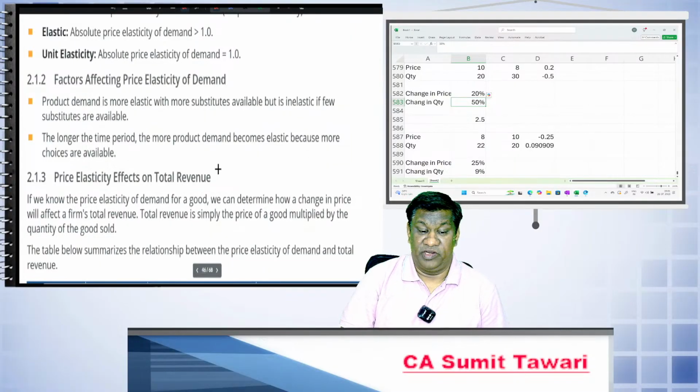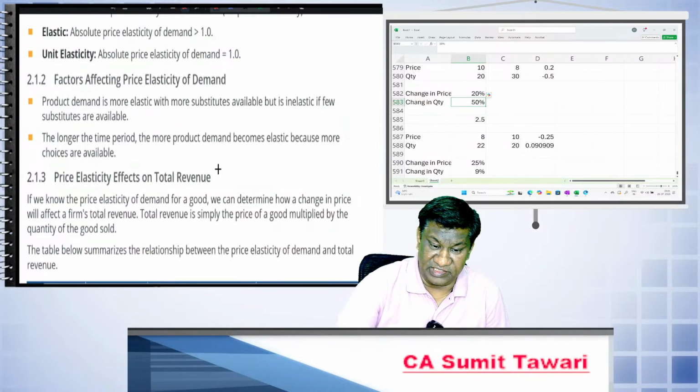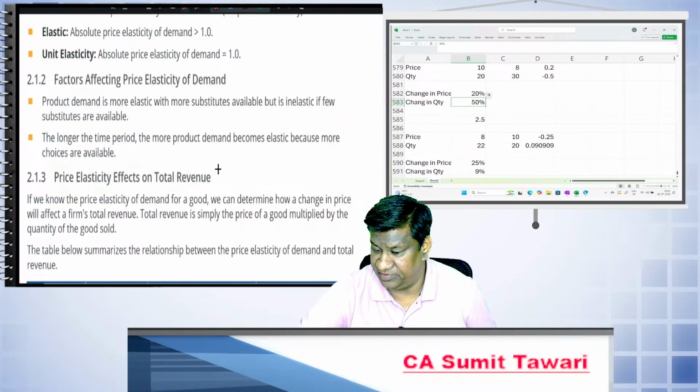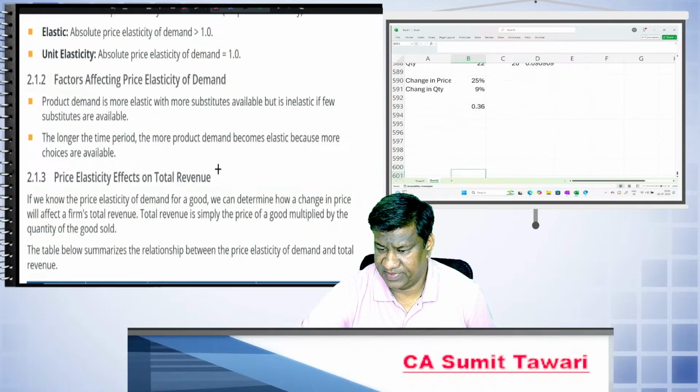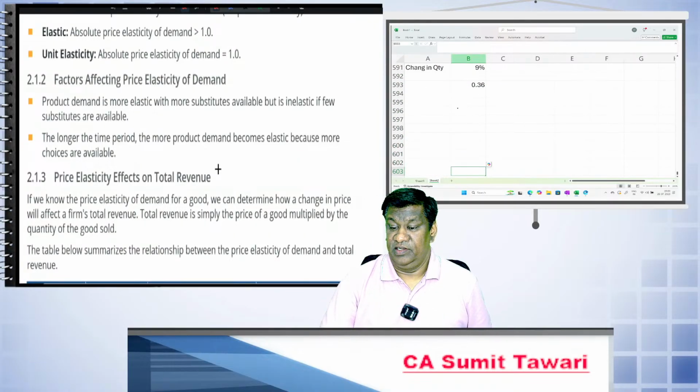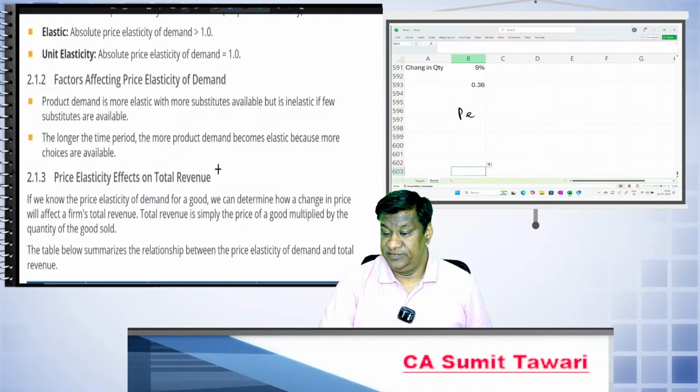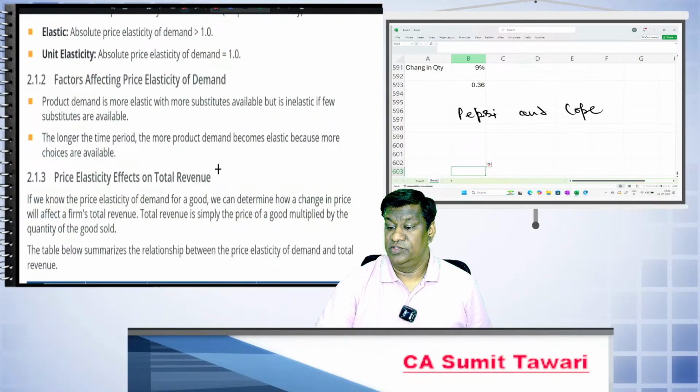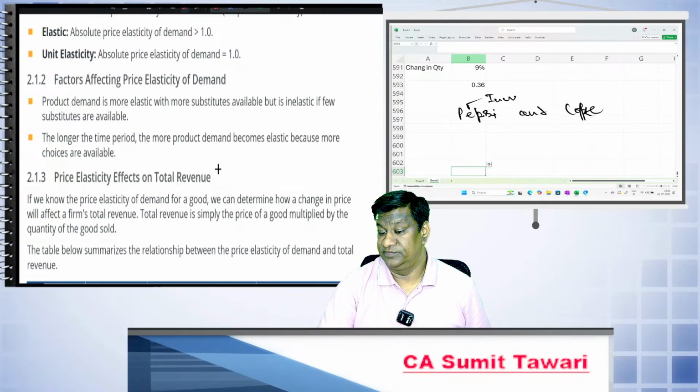Okay, so product demand is more elastic when more substitutes are available, but is inelastic if few substitutes are available. Like Pepsi and Coke. If Pepsi increases the prices, people will shift to Coke, and suddenly the demand for Pepsi goes down.